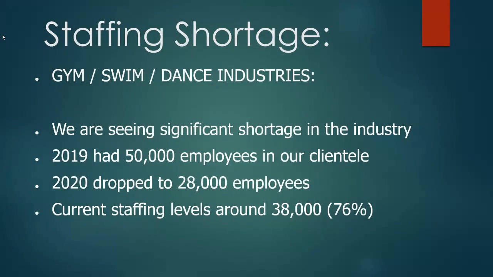In the gymnastics, swim, and dance industries, here are some statistics I'll pull directly out of our payroll system. Prior to the pandemic in 2019, we had roughly 50,000 employees in these industries that we paid and processed through our system, whether they were paid weekly, biweekly, what have you. In 2020, that number dropped to 28,000 at the lowest point.